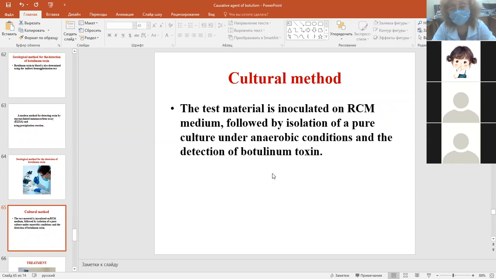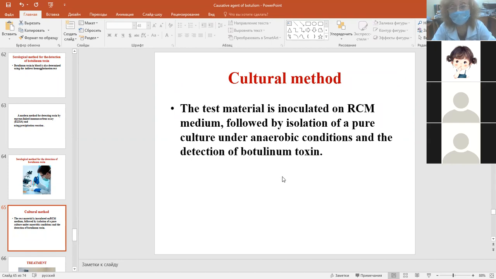These petri dishes should be placed in a McIntosh and Fildes jar where the air is eliminated completely and replaced by inert gas. And then after cultivation in a thermostat, a suspicious colony is examined by the microscopical method, and then the suspicious colony is re-inoculated again on RCM broth.